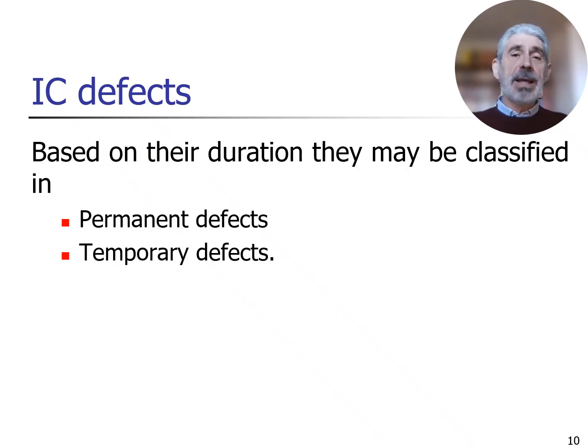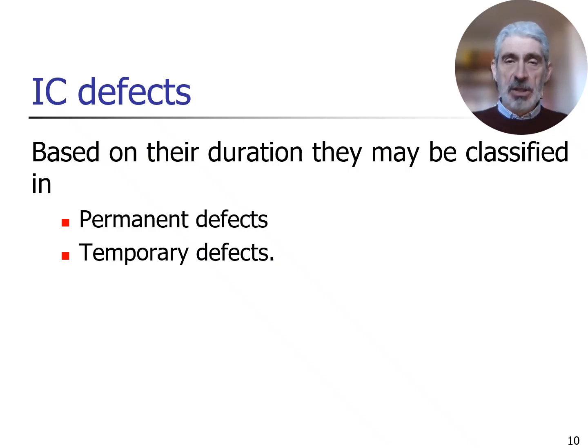When speaking about defects that may affect an integrated circuit, it is crucial to distinguish between permanent defects and temporary defects. Temporary defects are those that appear at a given time but then immediately disappear. A typical example is a bit flip. Due to different reasons, for example, radiation effects, the bit stored in a memory element or in a flip-flop may be flipped. Okay, this is a temporary defect.